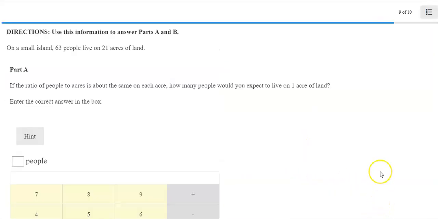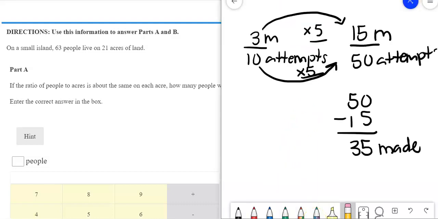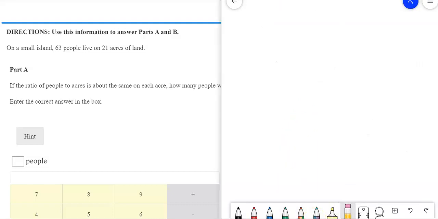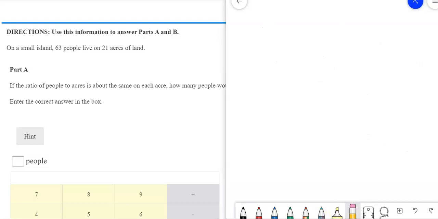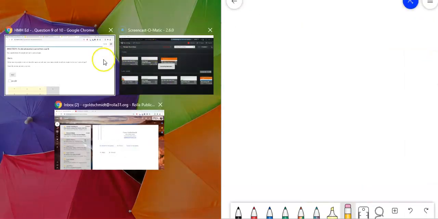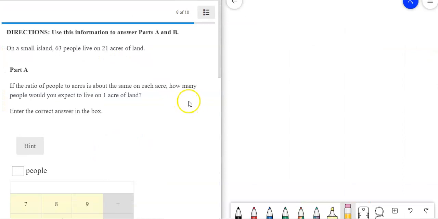Number 9. On a small island, 63 people lived on 21 acres of land. If the ratio of people to acres is about the same on each acre, how many people would you expect to live on 1 acre of land?